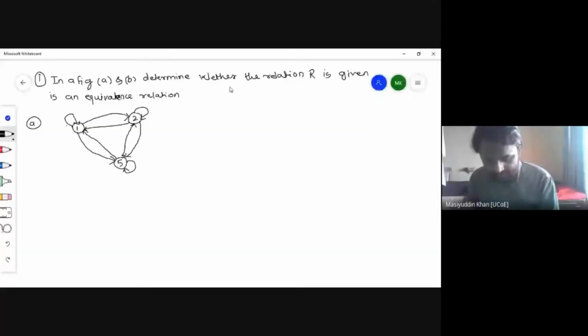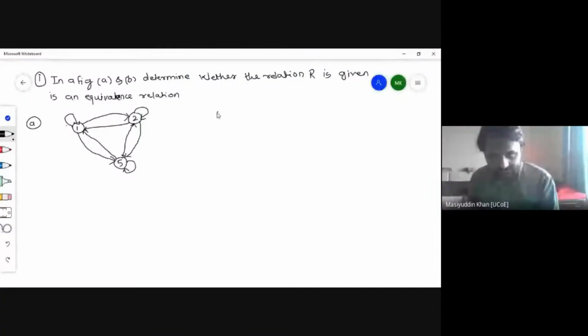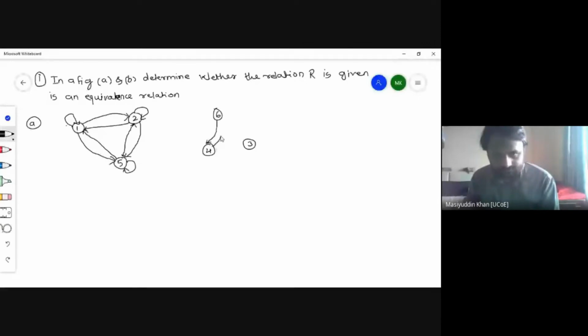The first one is not completed till now. Now the next one will become 6, 3, 4. So this is A, and similarly we have to define the B diagram.